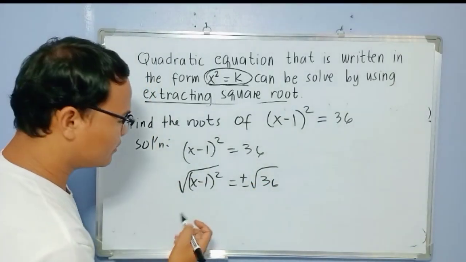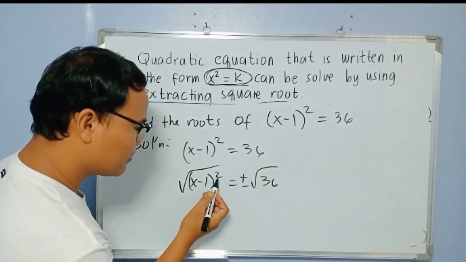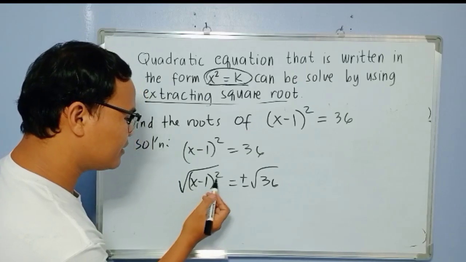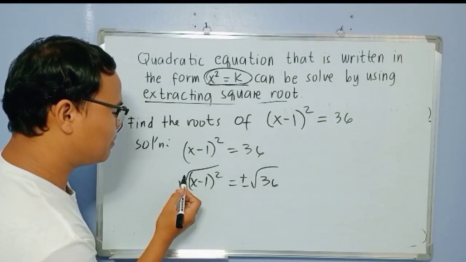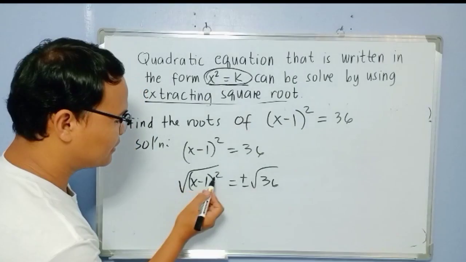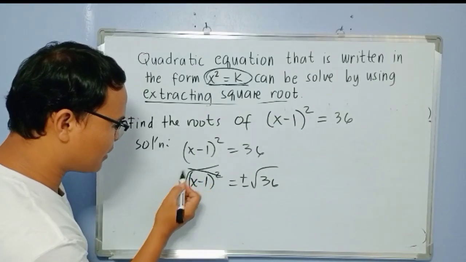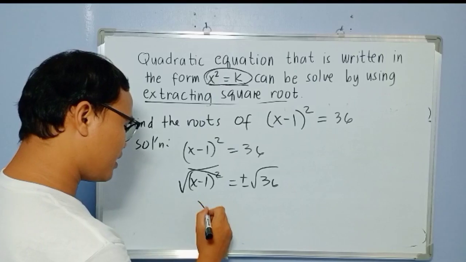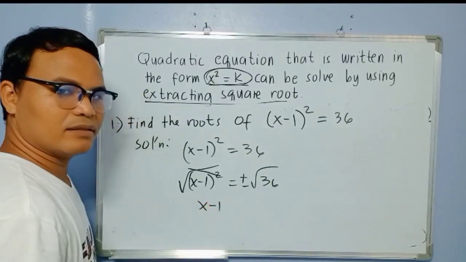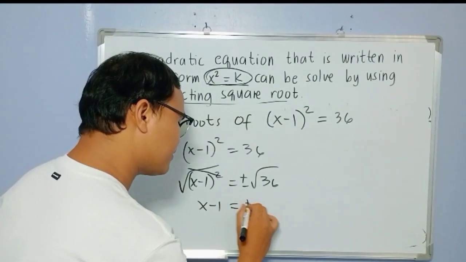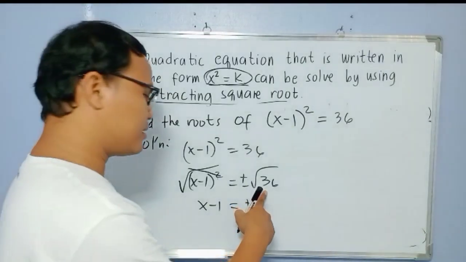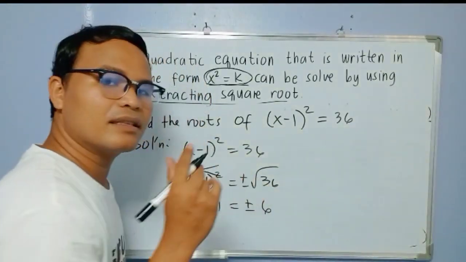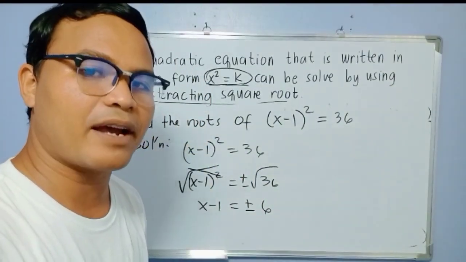As I said, pag ang exponent ni radicand ay pareha ni index, ika-cancel out yung exponent at saka si radical sign. So what will be the result? Here, x minus 1 na lang po. Then, positive, negative. The square root of 36 is 6 because 36 is a perfect square number.